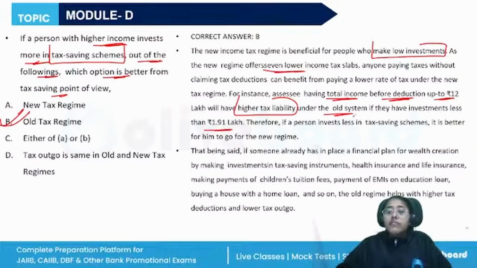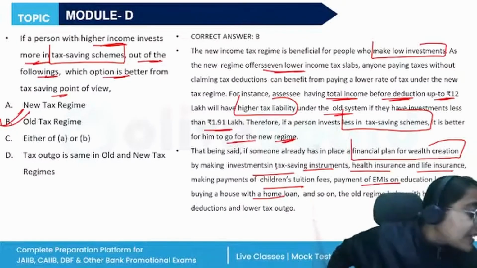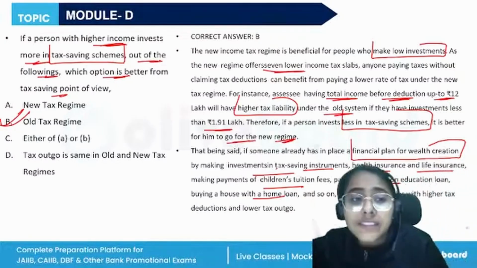So, if a person invests in less tax saving schemes, it is better for them to go for the new regime. However, if that individual already has in place a financial plan for wealth creation by making investments in the tax saving instruments, health insurance, life insurance, making payments for the children's tuition fees or EMIs, buying a house, and so on, this means that they are investing in the tax saving schemes.